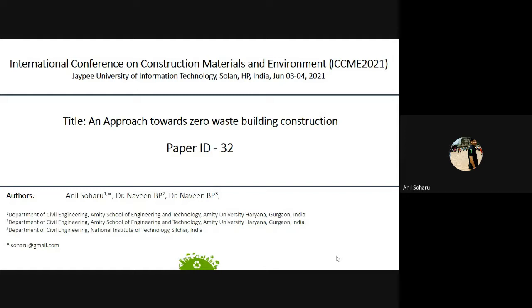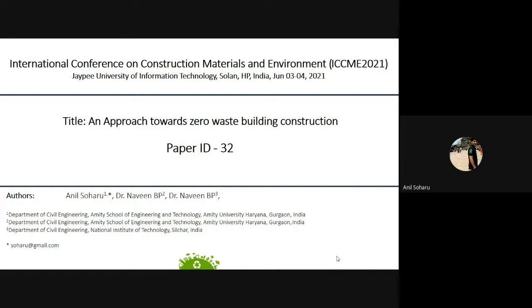Once we calculate the overall waste of the project in absolute figures, based on the technologies or initiatives in the overall construction industry, we analyze how the generated wastage can be reused in the project.